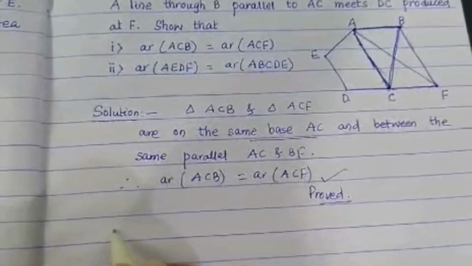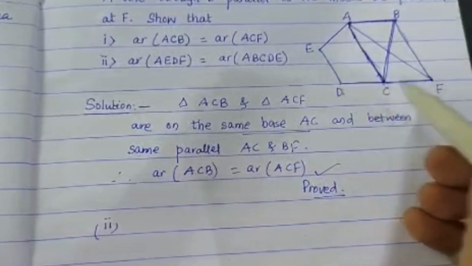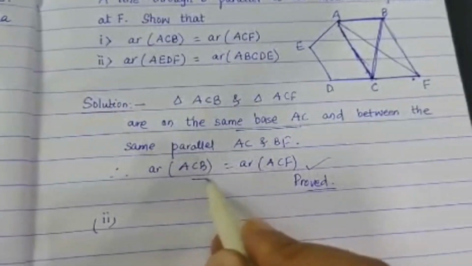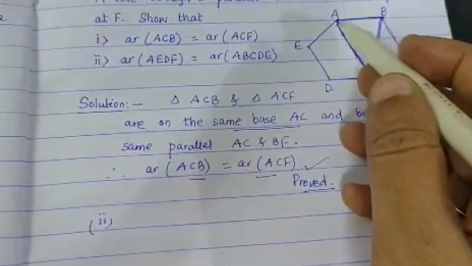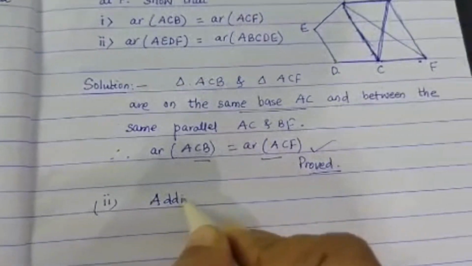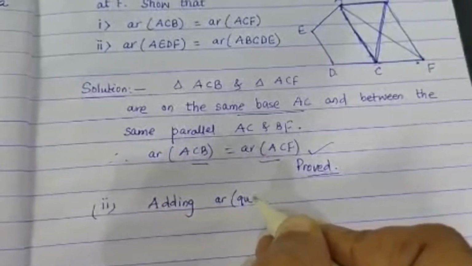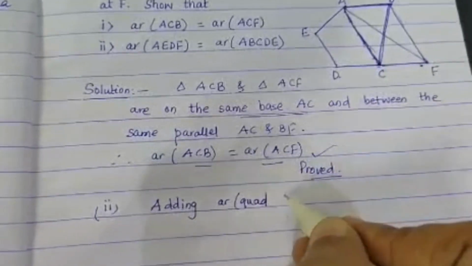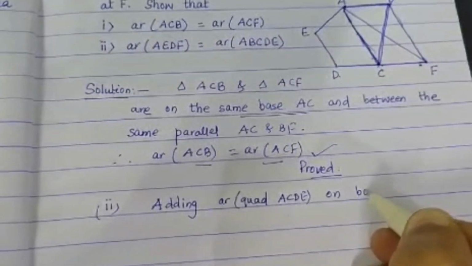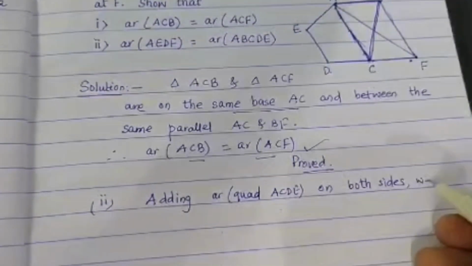Now let's see the second one. The second one is, we have to prove that area AEDF and area ABCDE are equal. So when you have proved this one, let us add this area ACDE. Adding area of quadrilateral ACDE on both sides, what do we get?